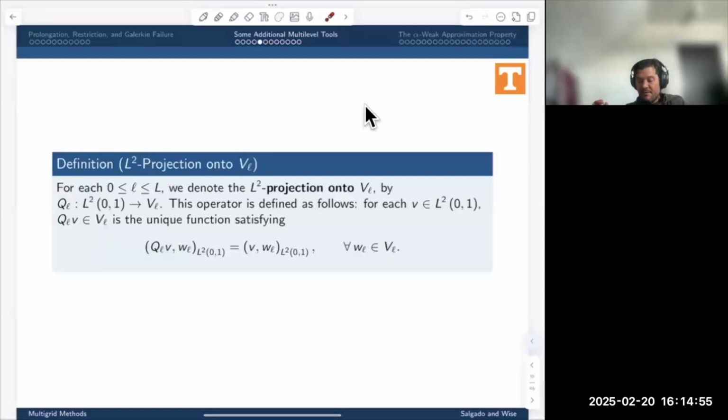It should be the unique function which satisfies the following prescription: QLV against WL in the L2 inner product should be equal to V against WL in the L2 inner product for any function WL in VL.